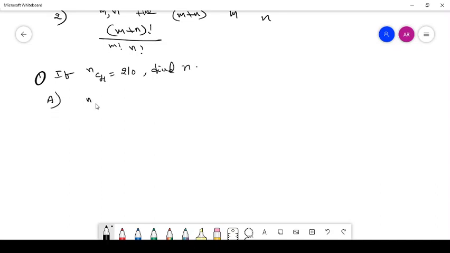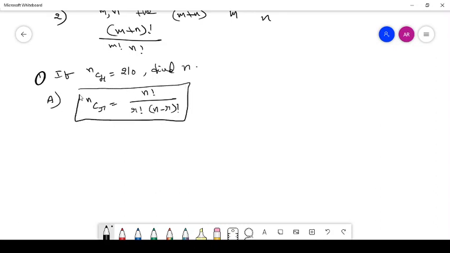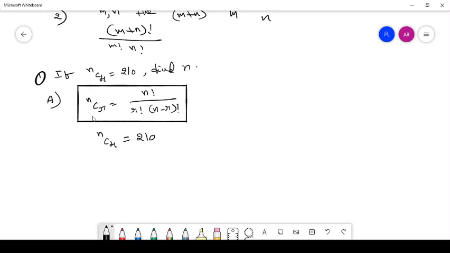We know that the result nCr is n factorial by r factorial into n minus r factorial. Here, given that nC4 is equal to 10, the value of r is 4. So n factorial by 4 factorial into n minus 4 factorial is equal to 10.